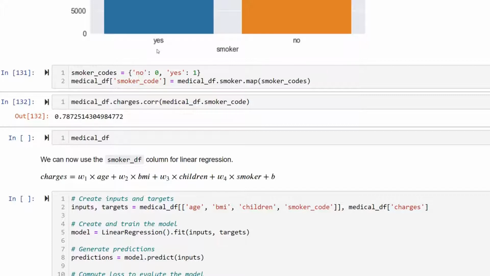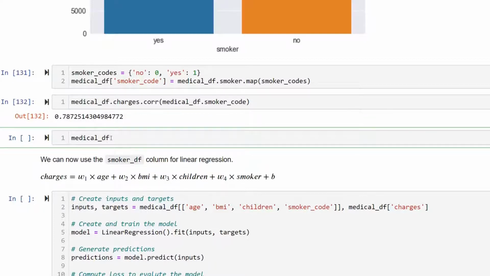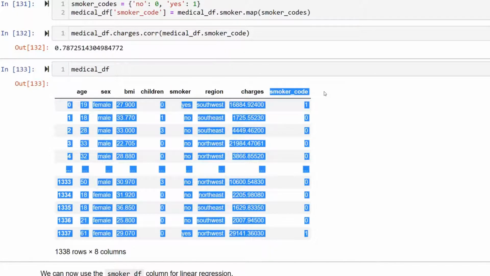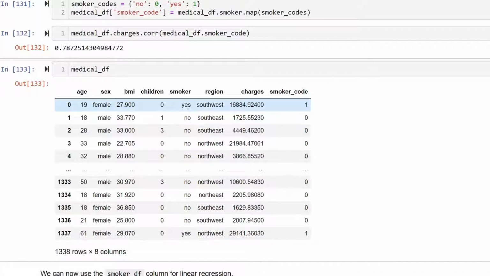Since we neglected the categorical value of smoker, yes or no, there might be a great correlation with the charges. Let us see the medical DF once. There is a smoker column with yes or no, and we have created another column, smoker code, where yes means 1 and no means 0.